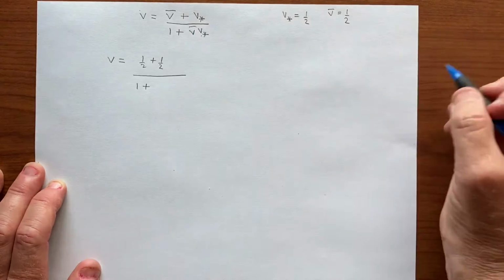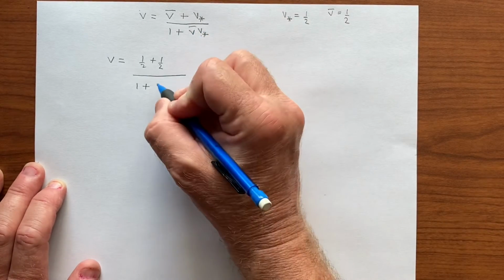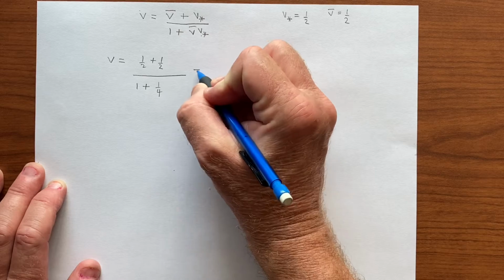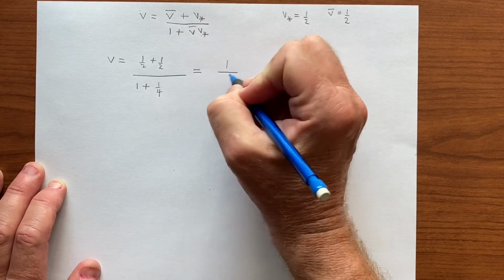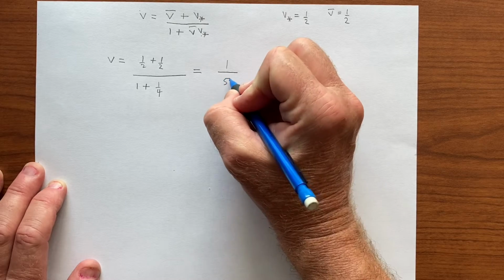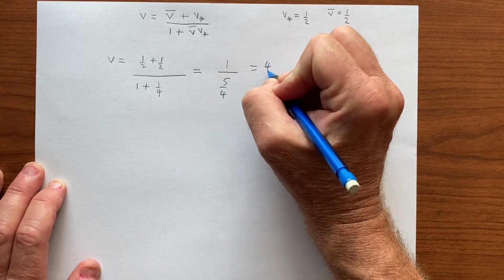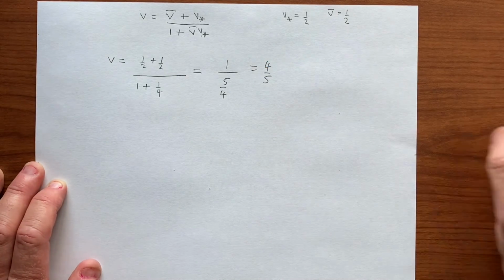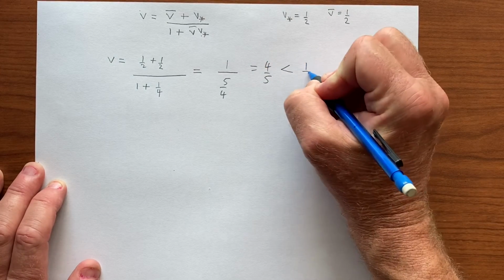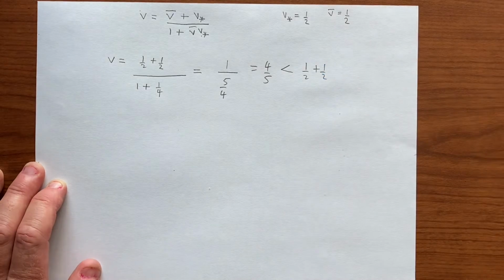And we're multiplying these two speeds. That's a half times a half, which is 1/4. And this gives us 1 in the numerator, and this is 5/4. So we get 4/5, 4/5 of the speed of light. And that's obviously less than the 1/2 plus 1/2, which would give us the speed of light.